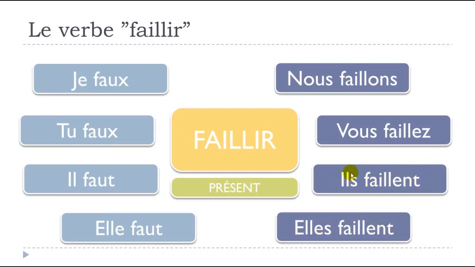Okay, and before continuing, let's admit that it is really rare to hear or to see these forms. But they do exist, so that's the reason why I thought it was important to show these forms to you.